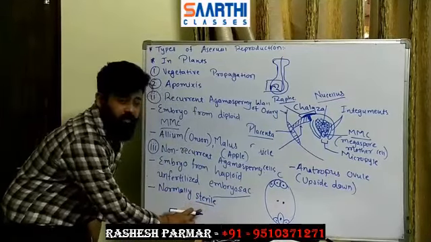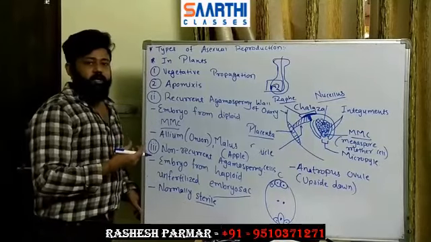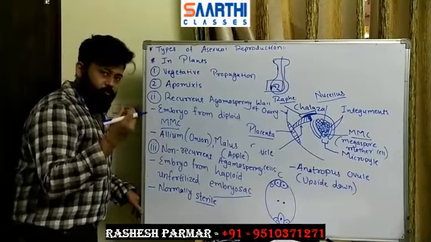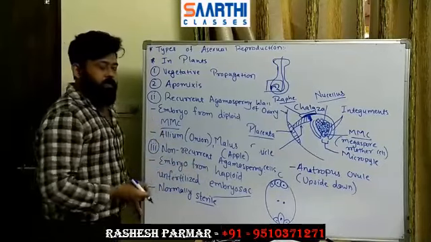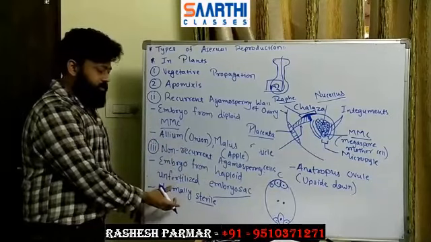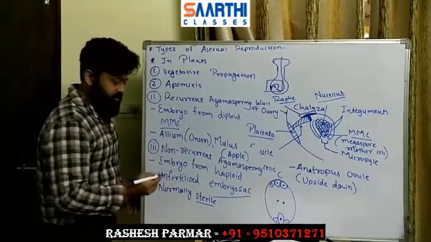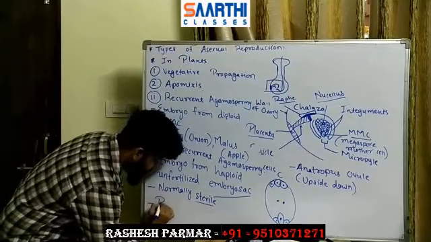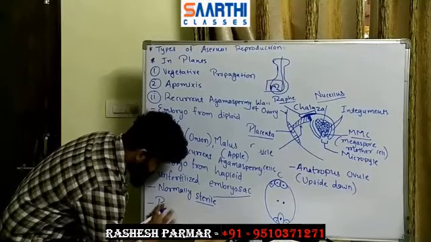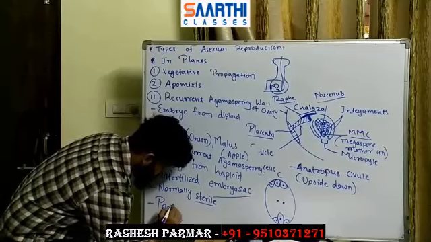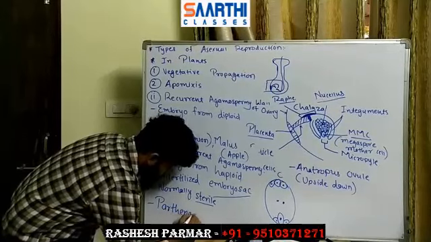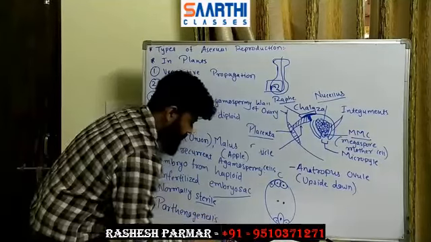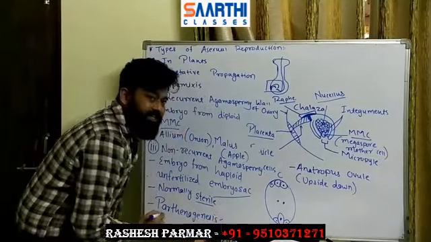Sterile means they will not be capable of producing new plants. They will just give you fruits. That's why this method is also called parthenogenesis. Parthenogenesis means formation of seedless fruits.